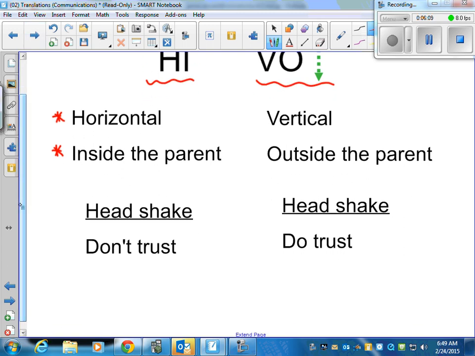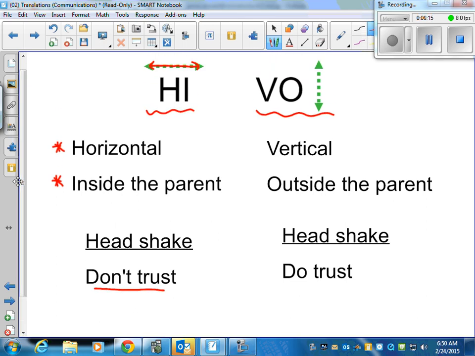When you're shaking your head horizontally, you're saying to yourself, don't trust what you see. So if there's a plus inside the parentheses, the horizontal head shake is telling you don't trust the sign that you see. This graph is actually going to move to the left if it's a plus value, and if it's a minus value, it moves to the right.